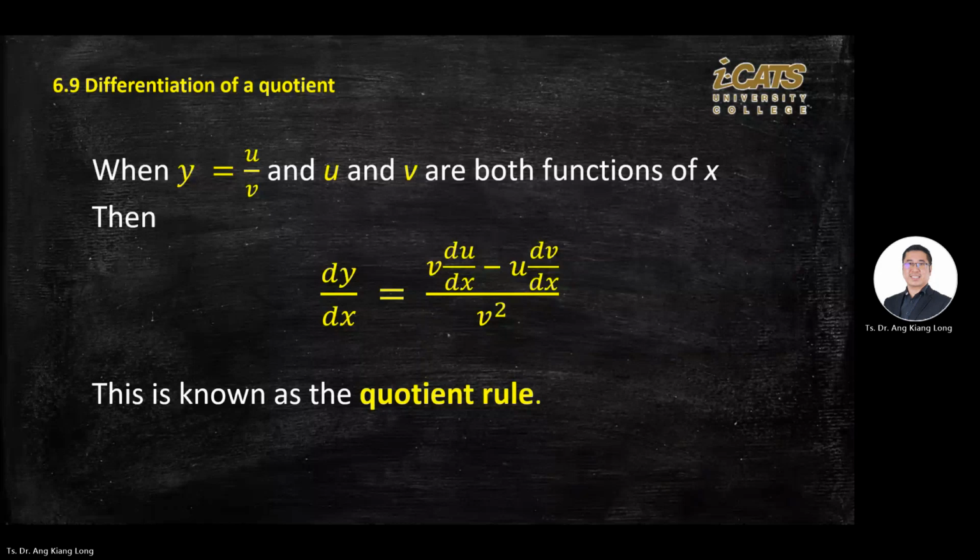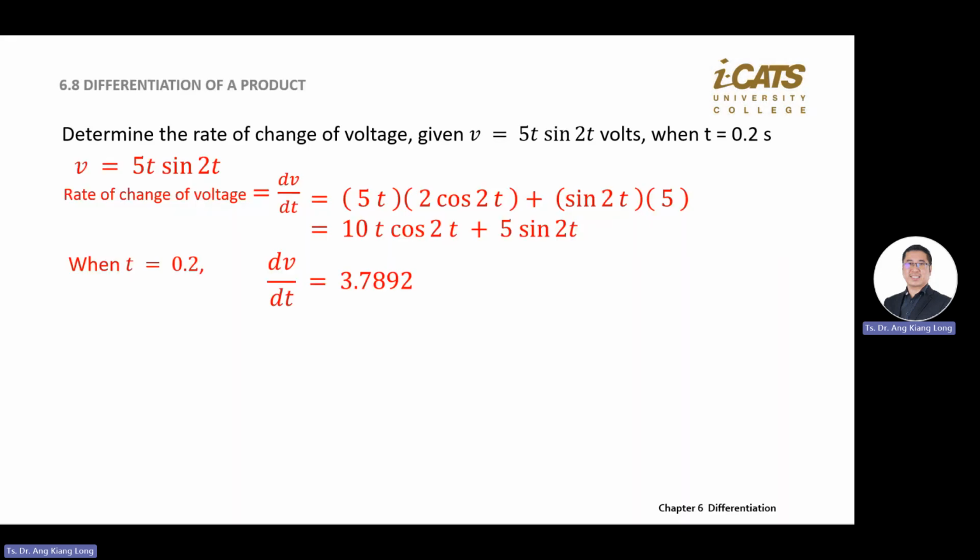So if you divide two equations, you do v du dx minus. Just now it was plus, and just now it was u first, but this one is v first. Flip it from just now.